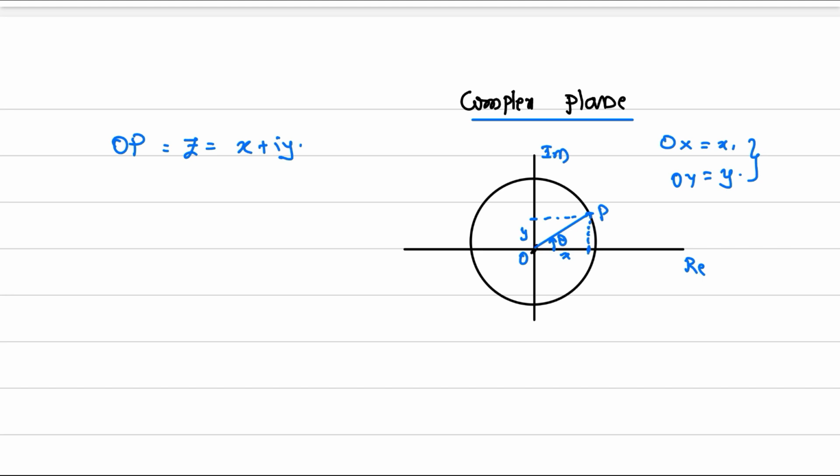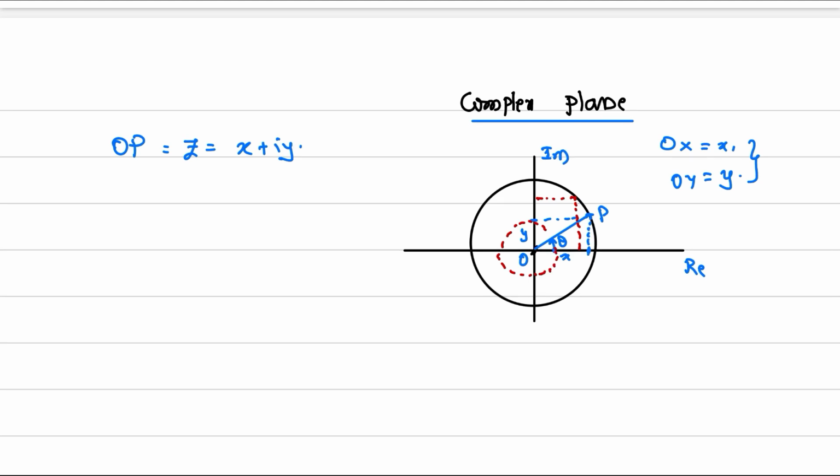Now, as theta moves this way, the values of x and y will change in the circle. What happens after completion of one whole circle? That means 2 pi radians is the whole circle. Again it will repeat. That means there will be infinite solutions.